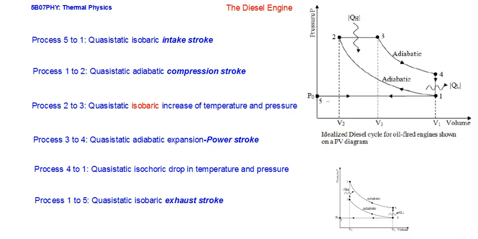In the case of a diesel PV diagram, 2 to 3 is flat, or parallel to the volume axis, which means that 2 to 3 occurs at a constant pressure. Let me say that this is some pressure P. So the 2 to 3 process occurs at constant pressure, and that is why I named this process an isobaric process.